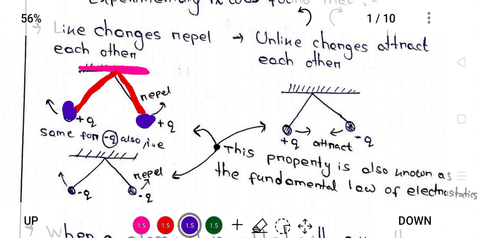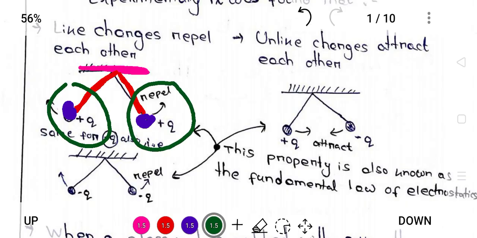Now I am giving a charge of plus q to this metallic bob and a charge of plus q to another metallic bob, meaning these two charges are of the same polarity; if one is positive then the other is also positive.